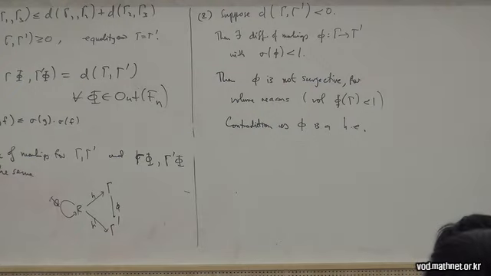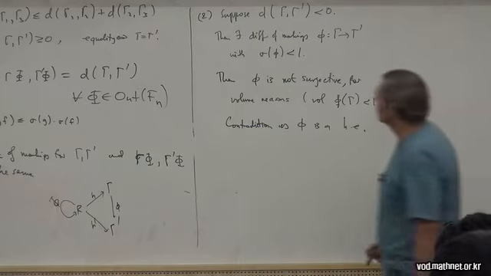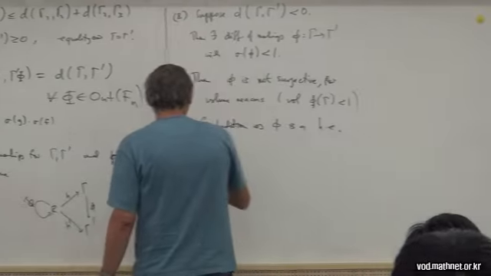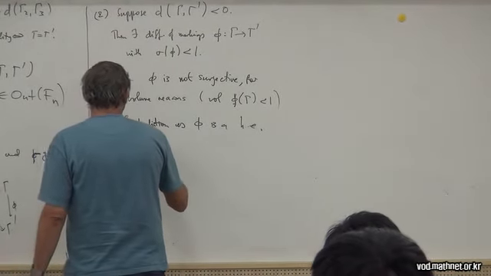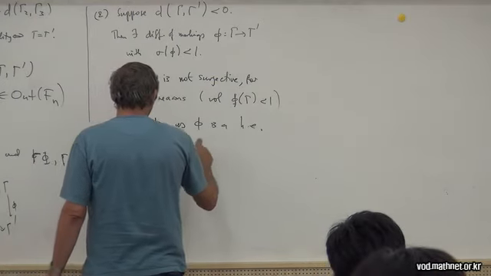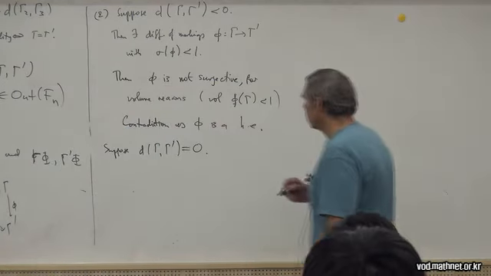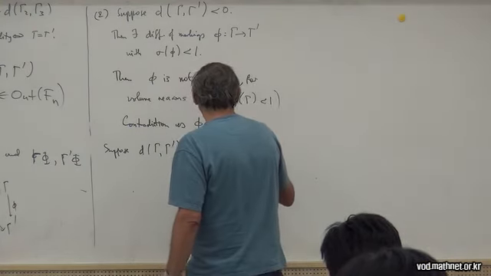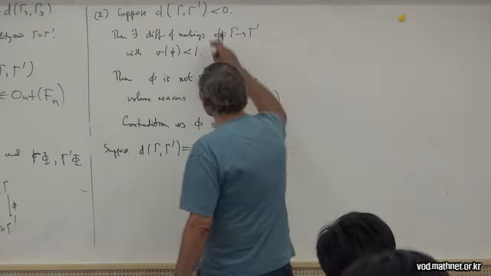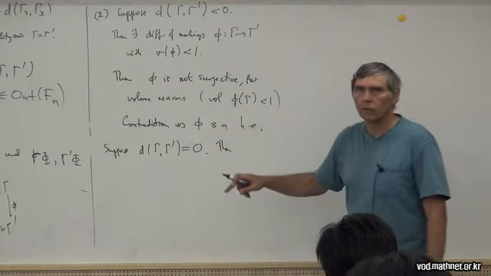Okay, what about the equality? In other words, if the distance is 0, suppose the distance from gamma to gamma prime is equal to 0. So then what happens? This is just a variant of this proof, so you just have to think a little bit harder.